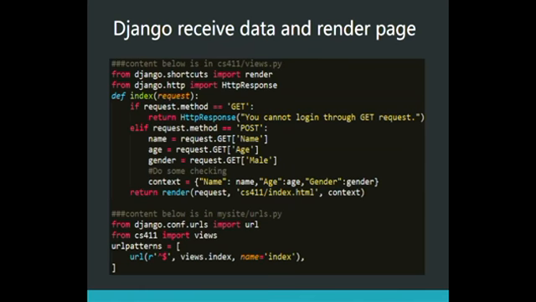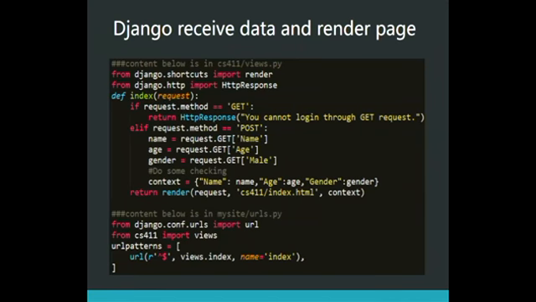So you render the page with this function, and it first again checks if the request method is GET or POST. If it's GET, return an error message. If it's POST, I think I misspelled here. This GET should be POST. You get parameters from POST key-value pairs as well.